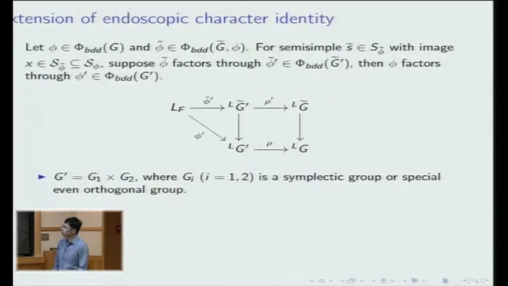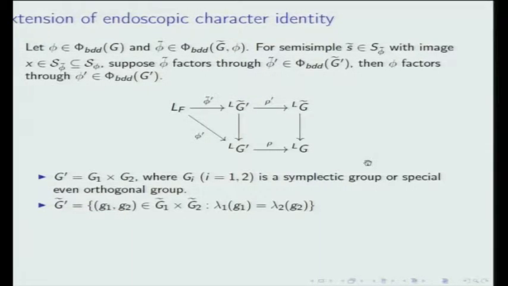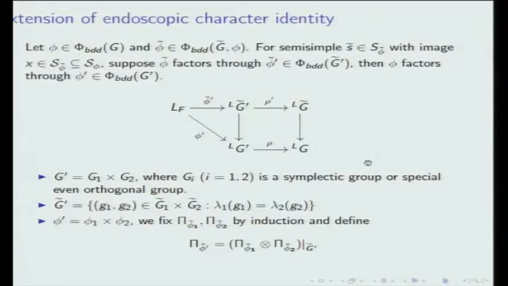And it's also not hard to describe the endoscopic group for G tilde. It is going to be a product of two similitude groups corresponding to G1 and G2. So it will be the subgroup of this product group. And because G prime is a product, you can assume psi prime is a product of psi1 and psi2.